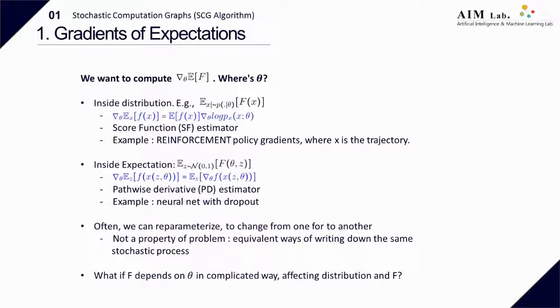Next is the case where theta is in F and the distribution is of fixed form. In this case, we can switch the expectation and gradient under some mathematical conditions like continuity or differentiability. It is seen in most places in machine learning. Also, when we do random dropout in a neural net, this kind of form appears.